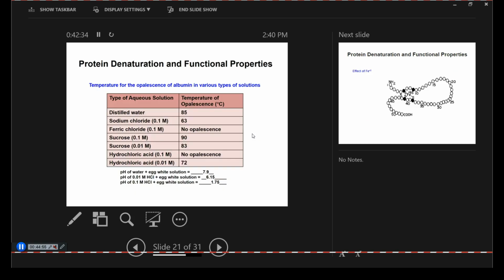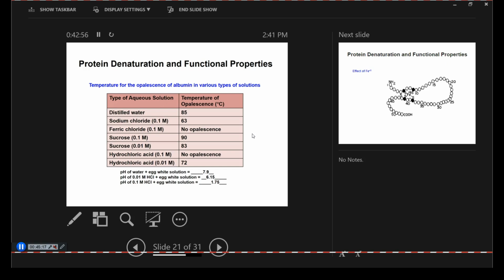And then in the presence of acid, when the acid concentration was low, the pH was 6.15, closer to the isoelectric point.